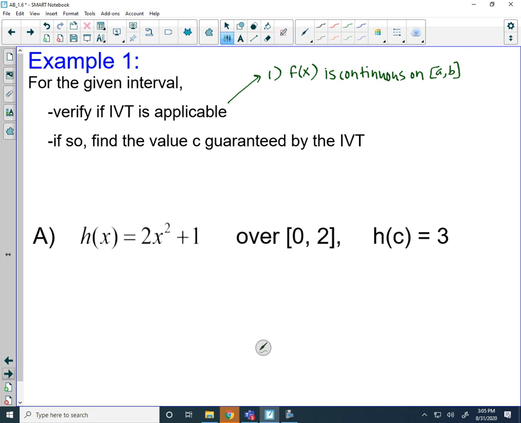So that has to be true in order to use IVT. The other thing that has to be true is we need a number n to be between 2 y values on our graph. So n is bigger than f of a, but smaller than f of b.